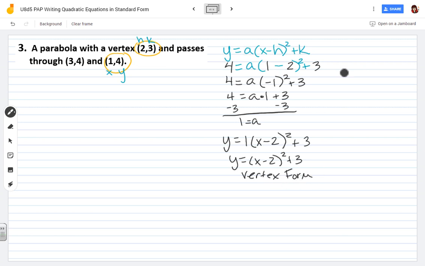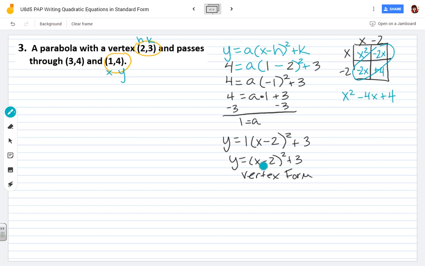However, what we need is the standard form. So let's go ahead and do our little box. I promise I'll do it bigger this time. And we're doing x minus 2, x minus 2. So we're multiplying x times x is x squared. Negative 2 times x is negative 2x. Negative 2x. And positive 4, combining like terms. So here we go with x squared minus 4x plus 4.